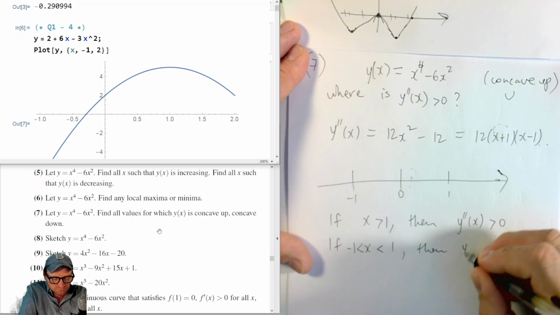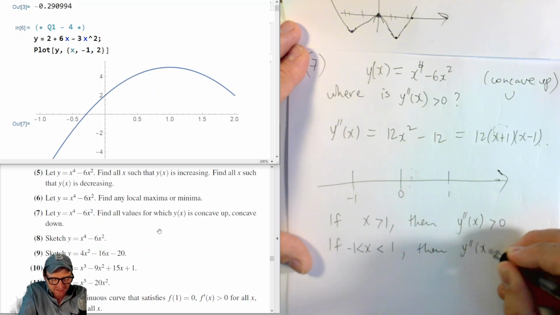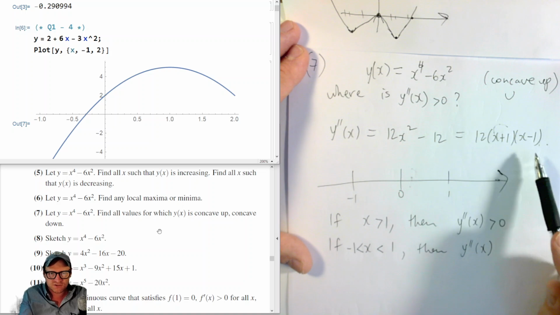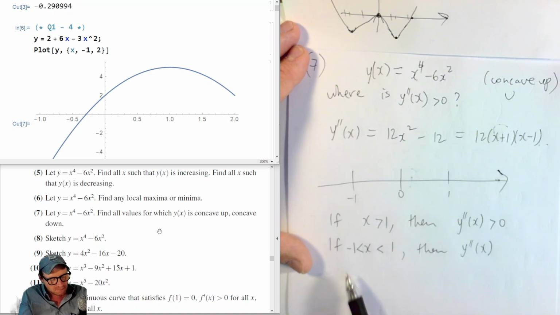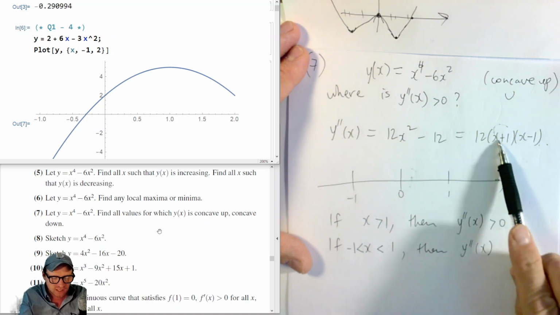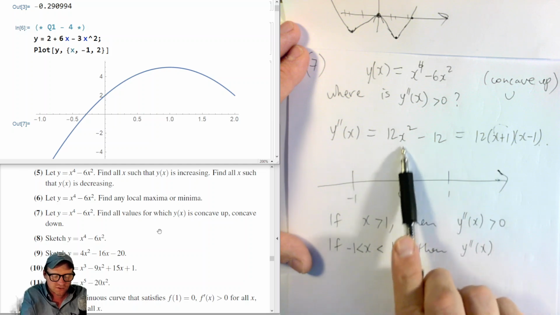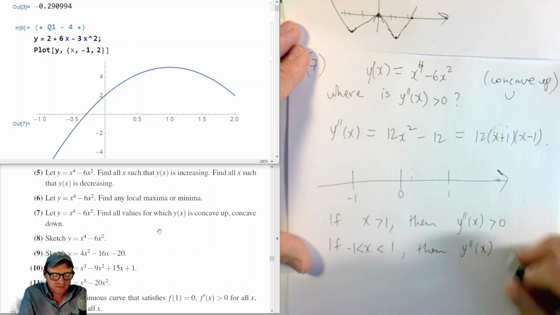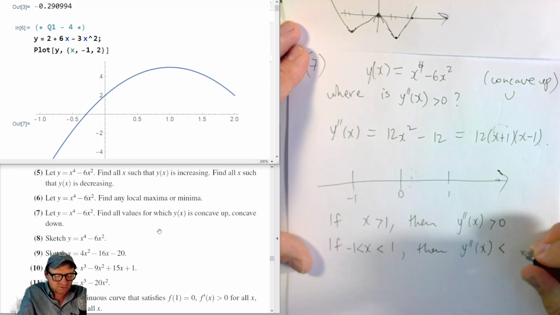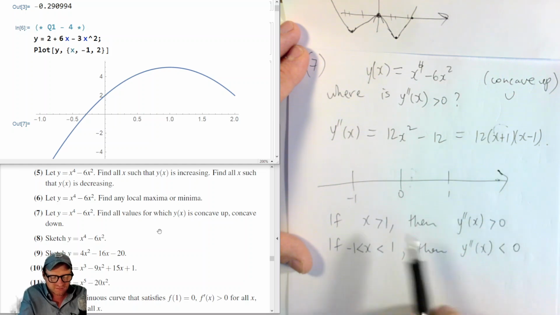then y double dash of x, okay, now just choose a number between minus 1 and 1, say 0. If we sub 0 into this, or even 0 into this, we've got something negative. So that'll be the general case there. This second derivative will be negative in this region.